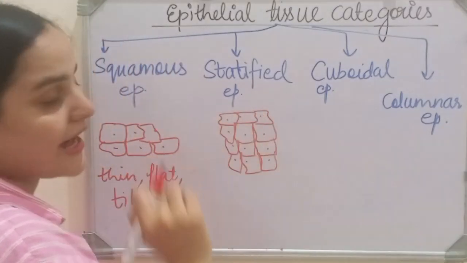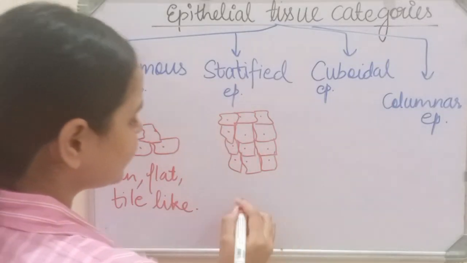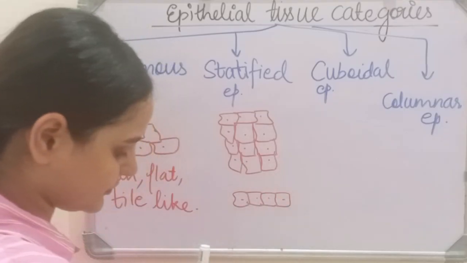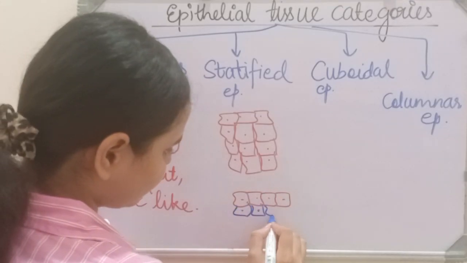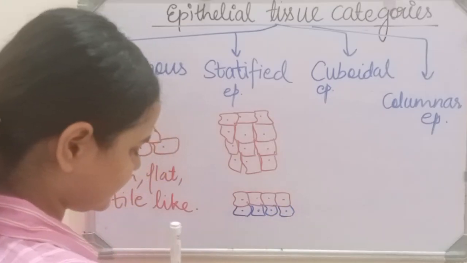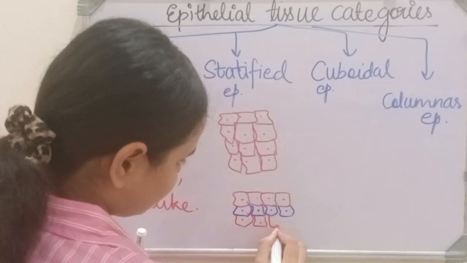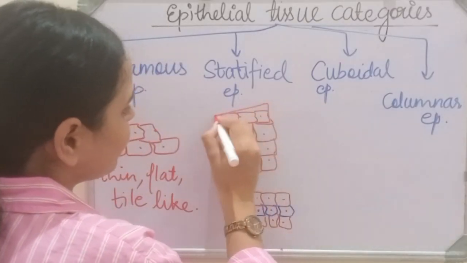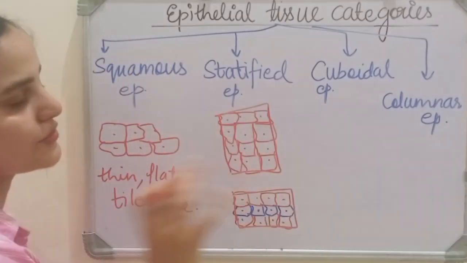These are made up of the same kind of cells, or it may be made up of different kinds of cells like this. I am drawing the second case also. Here two different kinds of cells are forming this. So you may see it consists of layers of cells.